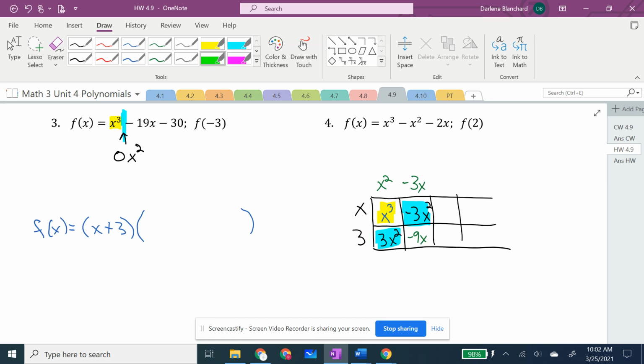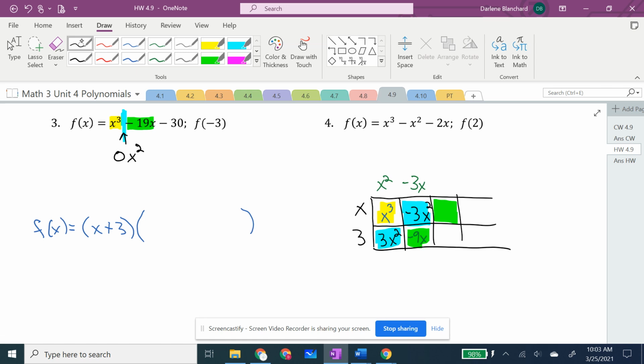And here we go again. When I add these two diagonal boxes together, they are creating the x term of the function I'm trying to divide. I need to make that a negative 19x.